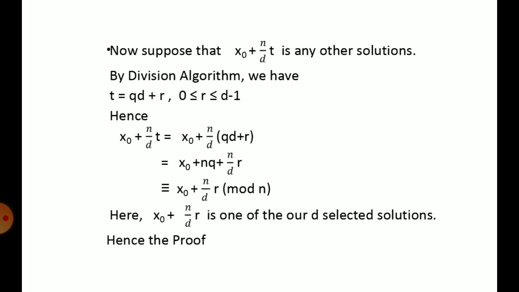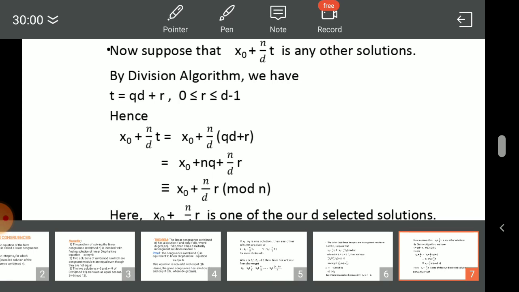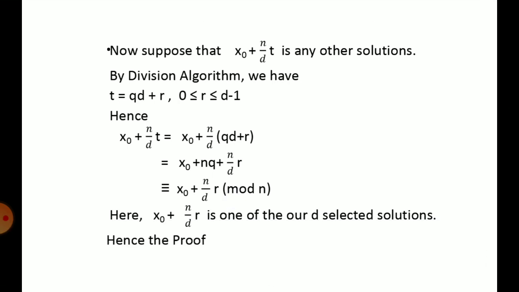And then you can observe that this is congruent to x0 plus n/d r mod n. That means x0 plus n/d t is congruent to x0 plus n/d r mod n. Here x0 plus n/d r is one of our d selected solutions.